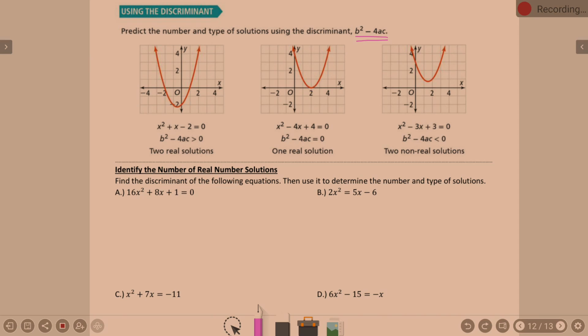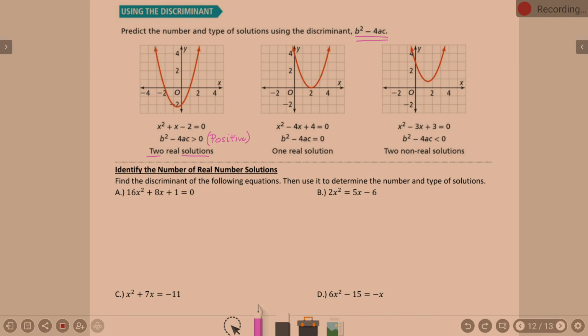If you get a b squared minus 4ac value that is greater than 0, which is another way of saying positive, there are going to be 2 real solutions.